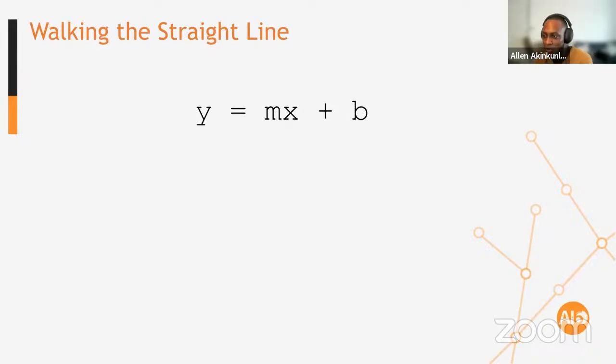So when you see this equation, what does it actually mean? We know that m is called the gradient or the slope. b, or c in some places, is called the y-intercept, and we'll explain what that means.